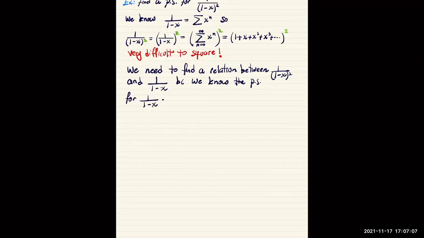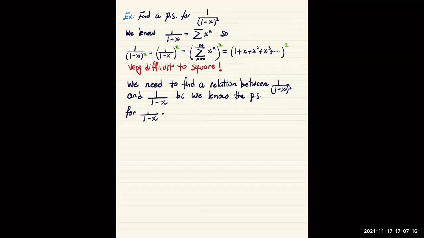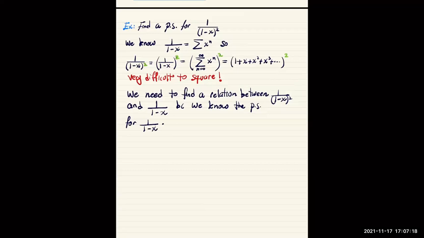Of course, this was a relation, not a good one. But notice that if you take the derivative of this, it's going to give you that, isn't it? The derivative of 1/(1 minus x) gives you 1/(1 minus x) squared.